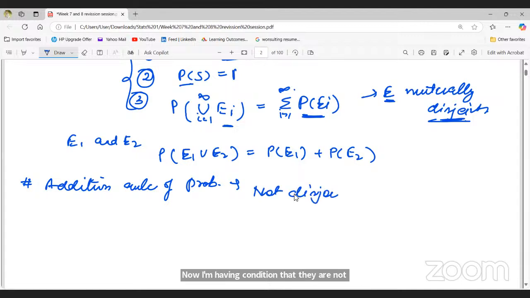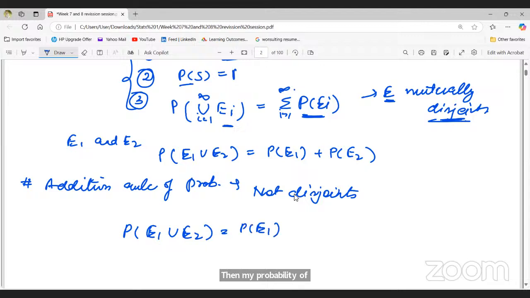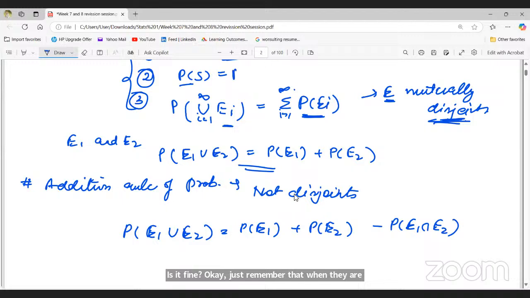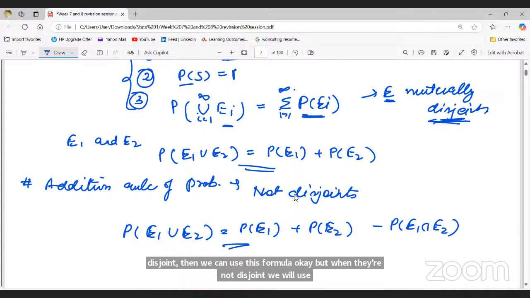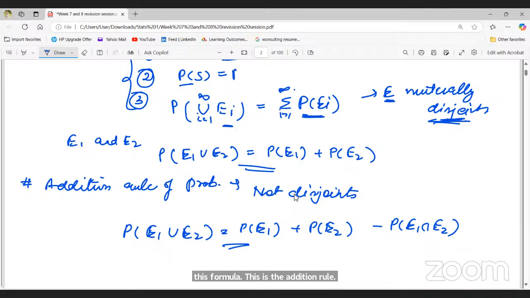Then the probability of E1 union E2 would be equal to the probability of E1 plus the probability of E2 minus the probability of the intersection, E1 intersection E2. Just remember that when they are disjoint, we can use the earlier formula, but when they are not disjoint, we will use this formula. This is the addition rule.